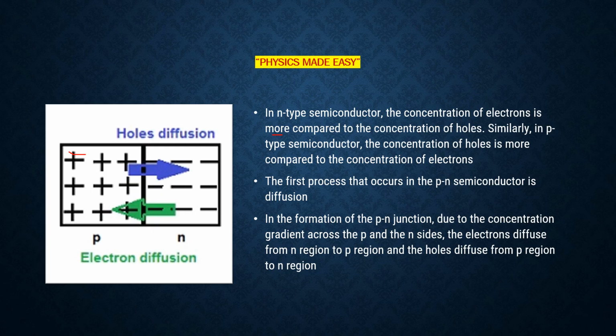So the first step that occurs in the p-n semiconductor is diffusion, where the electrons and the holes start diffusing. In the formation of the p-n junction, due to the concentration gradient across the p and n sides, the electrons diffuse from the n region to the p region, and the holes diffuse from the p region to the n region.